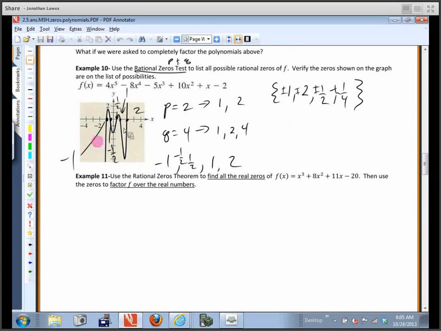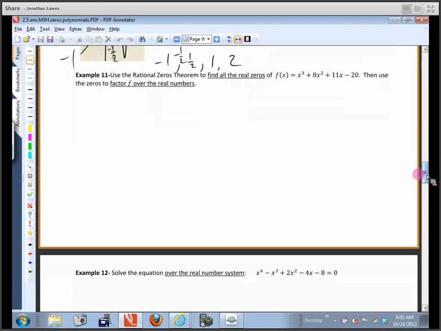So they gave us a graph right here, and they gave us a polynomial, and the instructions were list the possible rational zeros, okay, so use the P and Q stuff in order to come up with a list, and then look at the graph and make sure that all of the zeros of this polynomial are actually on this list, okay? So they did you the favor of actually graphing it for you. You don't have to pull it up on a calculator or anything like that, but we may do that at some point here, okay? All right, so let's take a look at number 11.